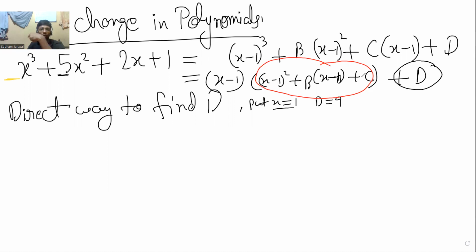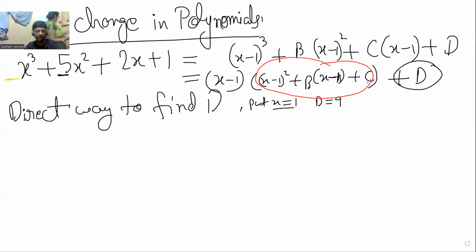C is the remainder when the quotient is divided by x minus 1. And B will be the remainder when the quotient of the quotient is divided by x minus 1, and so on. Is that making sense? It should be clear, right?